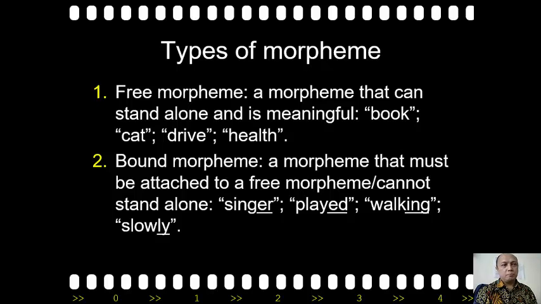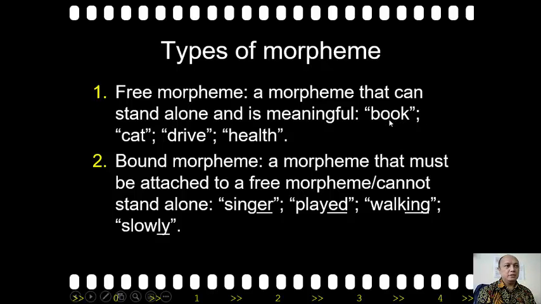Now we go to the types of morpheme. Morpheme can be divided into free morpheme. A free morpheme is a morpheme that can stand alone and is meaningful. So it can stand on its own and we can still sense the meaning of that morpheme. So for example, book.